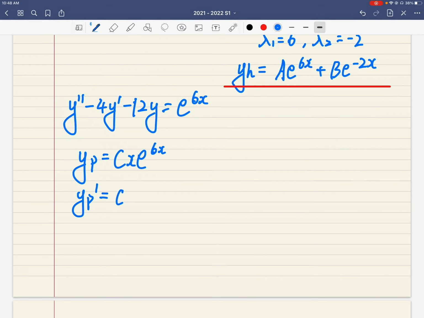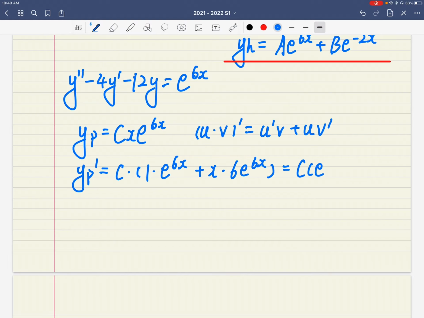Remember, u times v's derivative is u's derivative times v plus u times v's derivative. So here it's c times x's derivative, which is 1, times e to the power of 6x, plus x times the derivative of e to the power of 6x, which is 6e to the power of 6x. Summarizing, it's c times e to the power of 6x plus 6x e to the power of 6x.